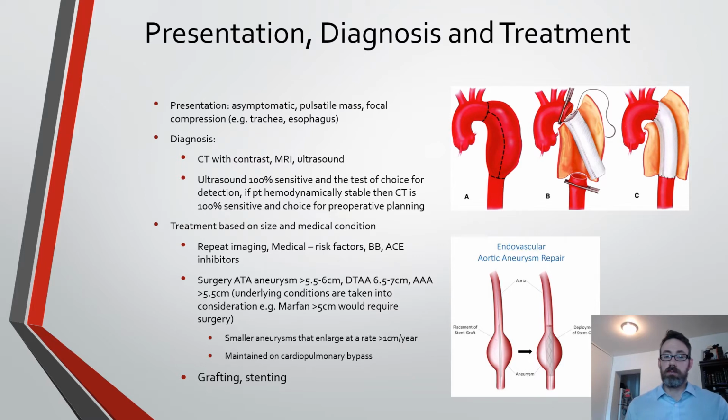Treatment is based on the size and the medical condition of the patient. If they're hemodynamically stable and the aneurysms are fairly small, the general practice is to do repeat imaging and manage their risks. Some of the risks I mentioned previously were things like hypertension, so beta blockers and ACE inhibitors, which vasodilate and reduce wall stress, will be vital for these patients to lower blood pressure.